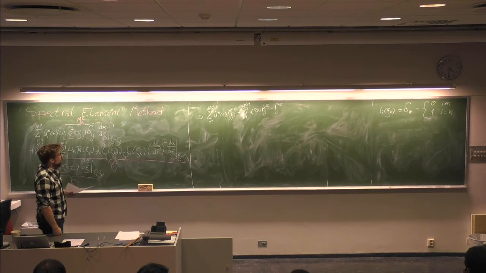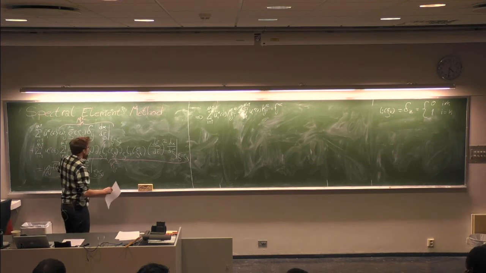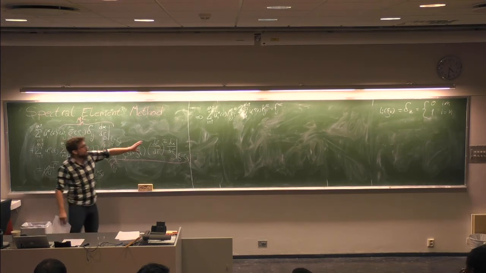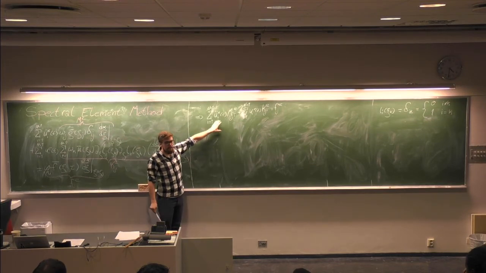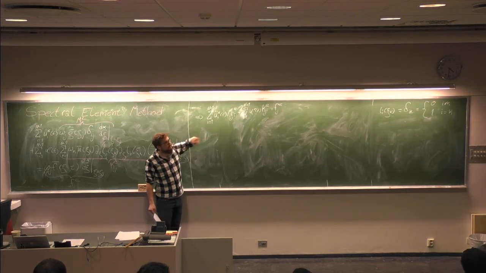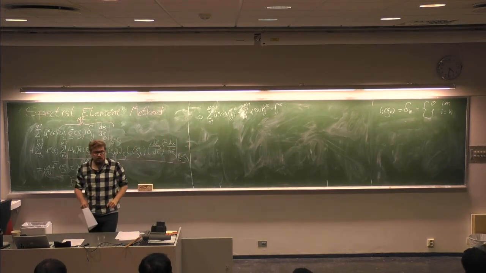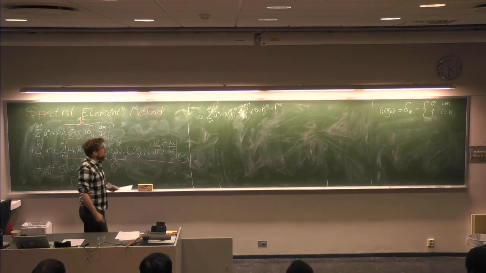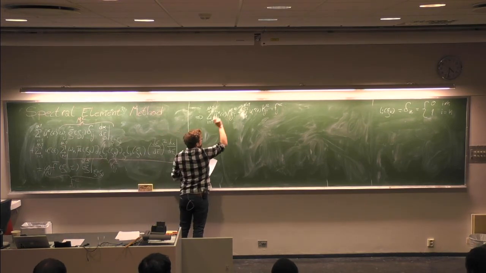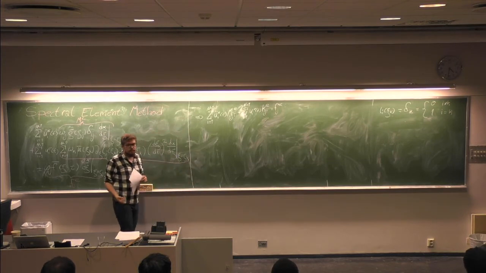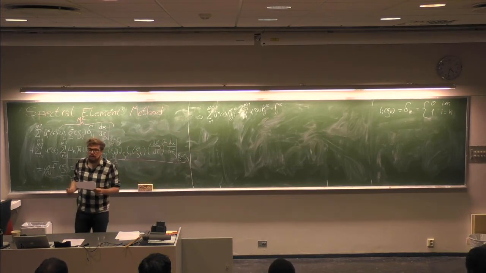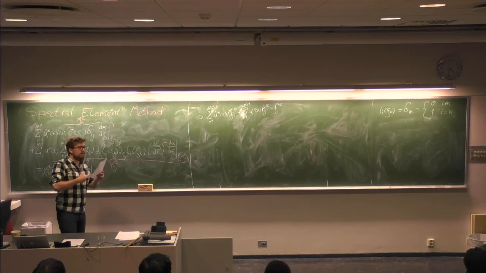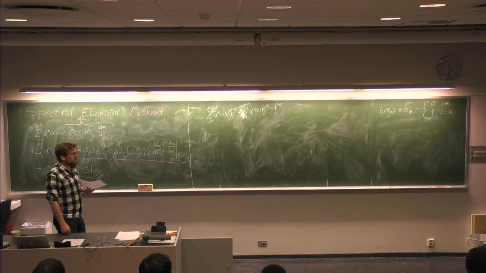The good thing here is that this expression holds for all of the elements. So that's good, because we have this transform back and forth. And also, this one is going to be diagonal, so it's trivial to invert. How do you invert a diagonal matrix? You just take the inverse of each of the diagonal elements, which is a pretty basic operation.